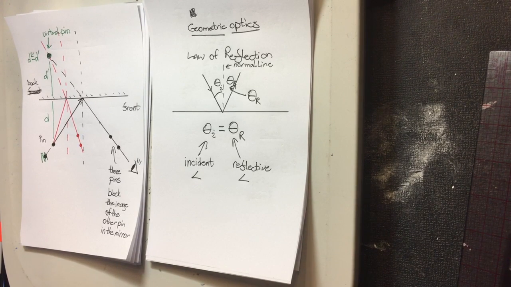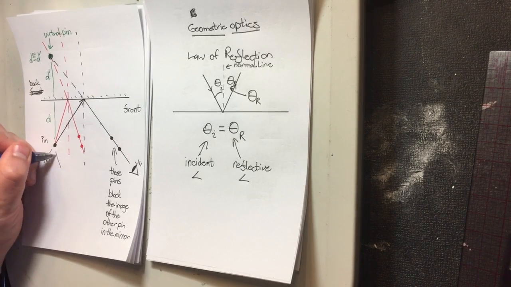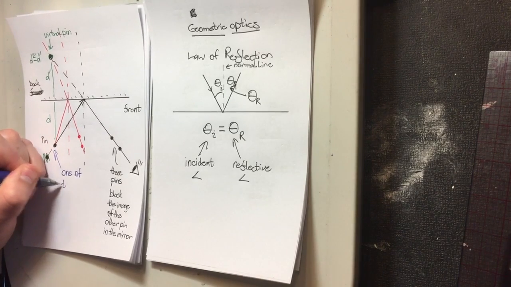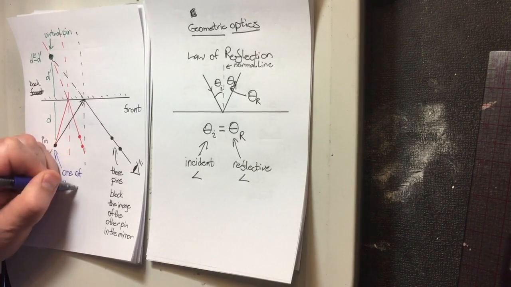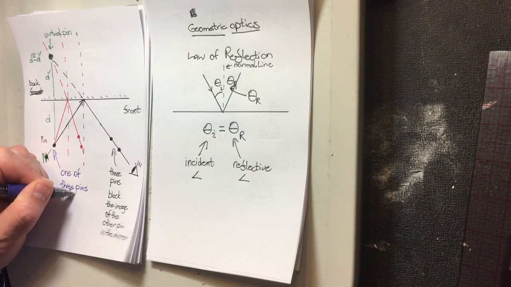Now, let's see. They also call it the parallax method, but I just like lining up some pins. Now, this pin particularly here is one of 3 pins in a triangle.